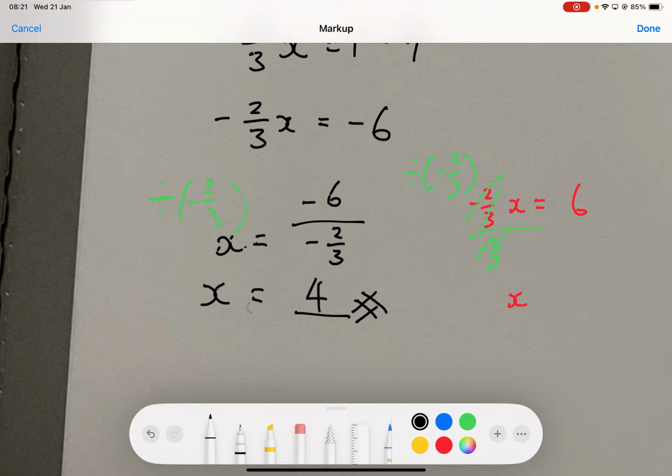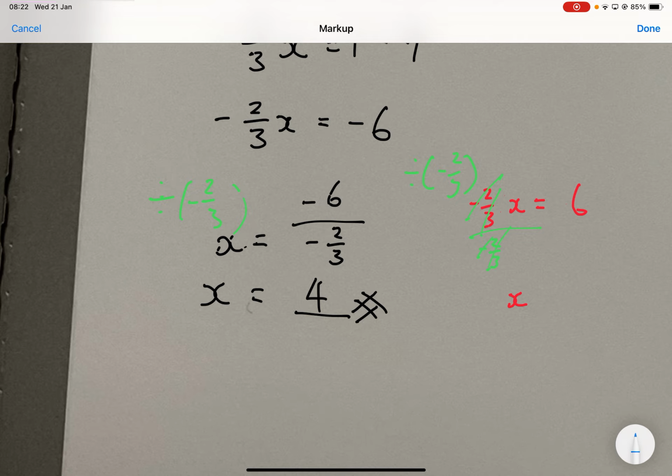There is another way to look at this division. Okay, I write it in blue. Because remember why we want to divide by this number? It's because I want to get 1x. So is there another way to make this become 1, instead of division? I can multiply by negative 3 over 2.